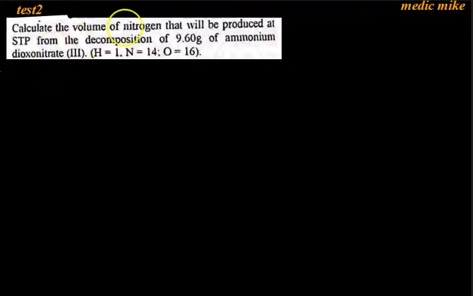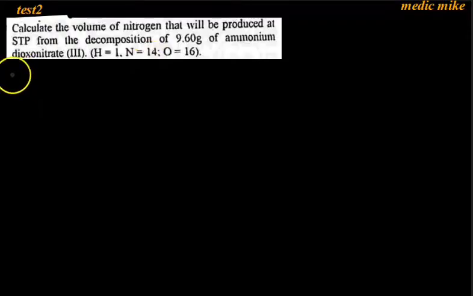So here we have number 2, which is test 2, and we're asked to calculate the volume of nitrogen that will be produced at STP when the decomposition of 9.6 gram of ammonium nitrite is effected. So what we have to do is to write the balanced equation for this decomposition reaction.